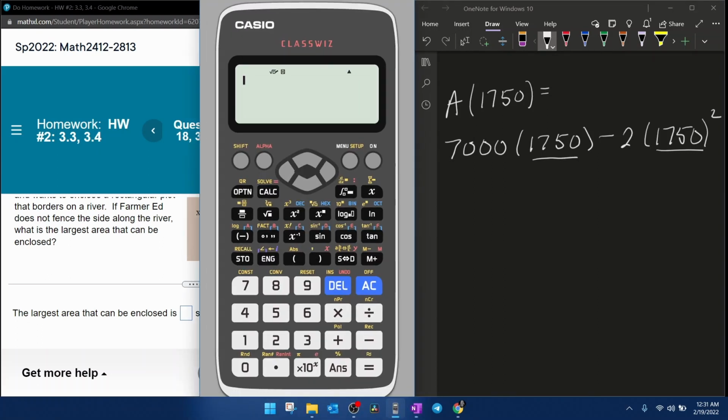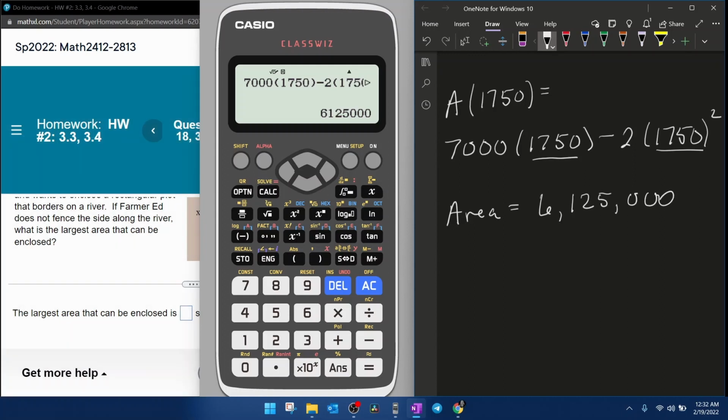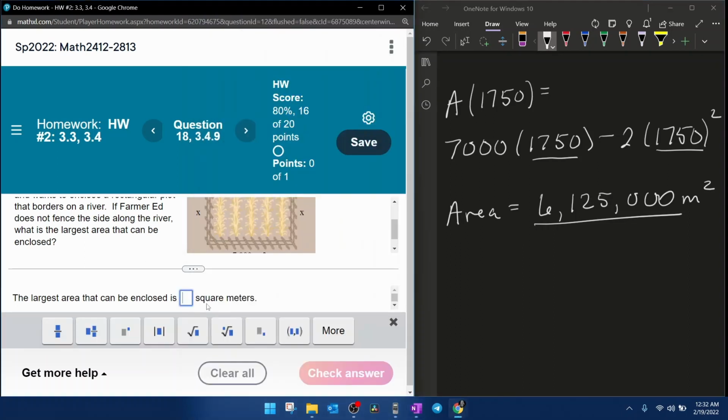And then we're going to pull up our handy-dandy calculator and calculate that area, and we get a very large area. So that area is 6,125,000.